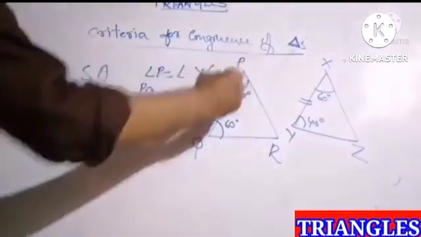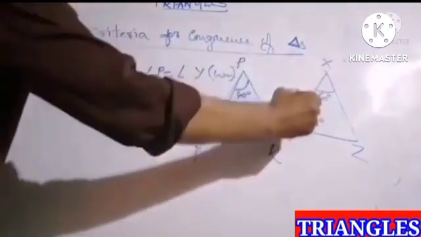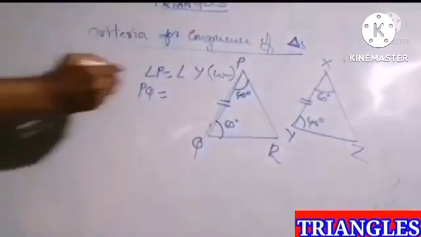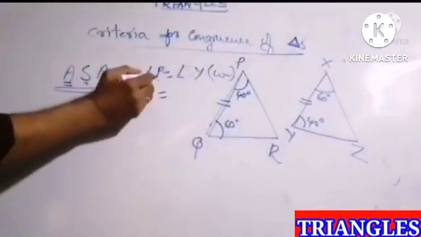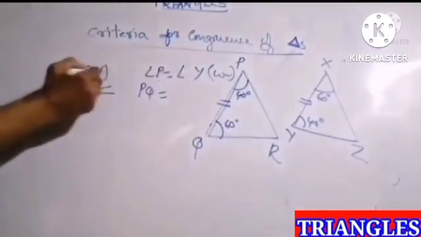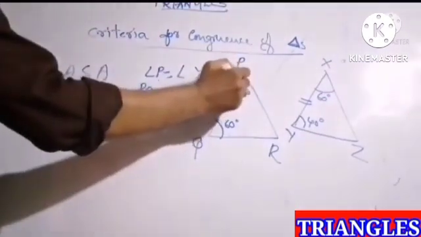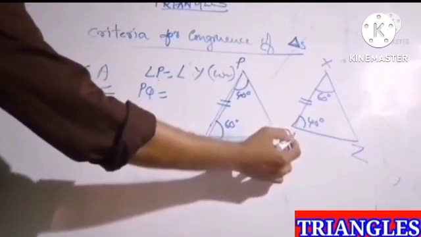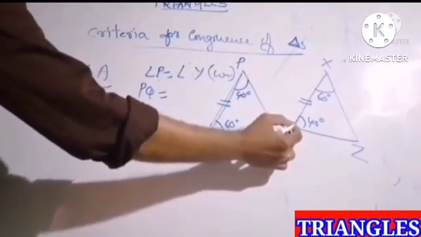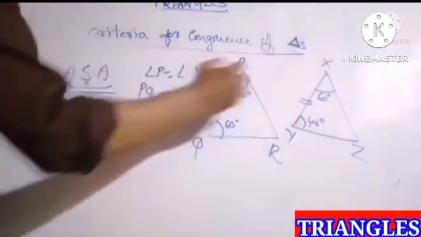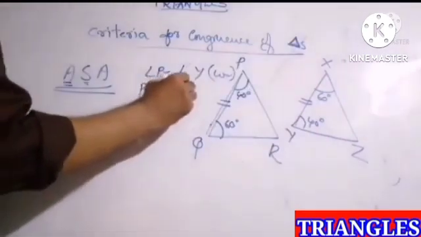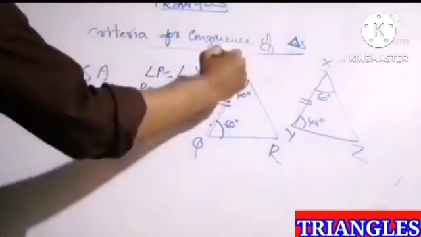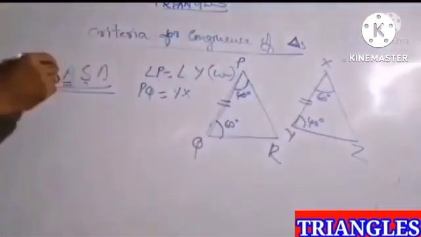PQ equals XY or YX. PQ, we start with P here. Which angle represents P? 40 degrees, which is represented by Y. So it should be written as YX. So PQ equals YX.